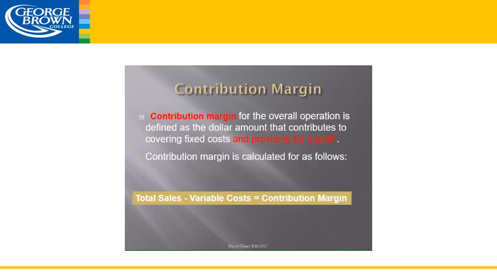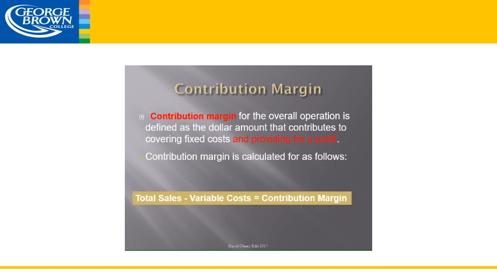We now introduce to you the contribution margin. Contribution margin as an equation is your total sales minus your variable costs. What this represents, or what your contribution margin represents, is the amount of money left over after your variable costs are covered that go towards covering your fixed costs and providing for a profit.